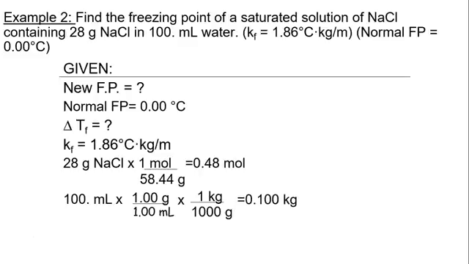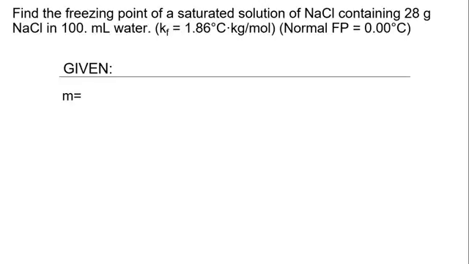And so that works out to be 0.100 kilograms of the solvent, water. So take that information, figure out the molality. That's going to be 0.48 moles over 0.10 kilograms, giving me a 4.8 in terms of molality.